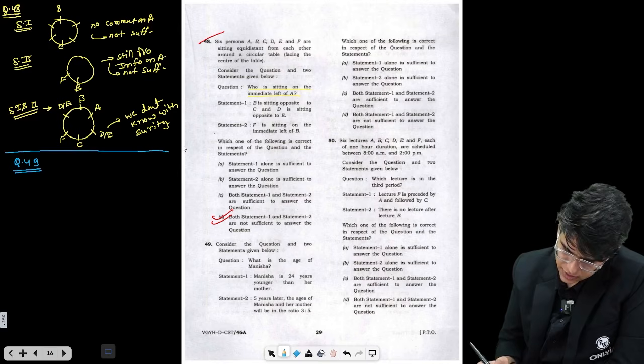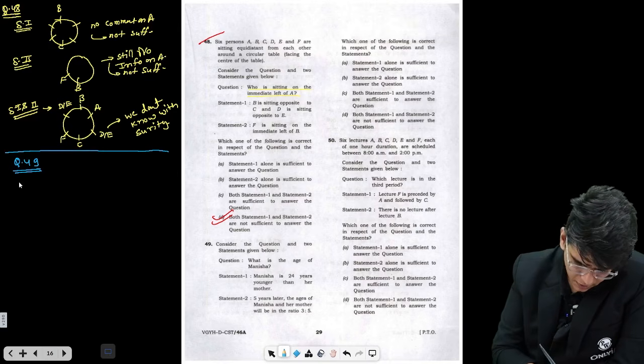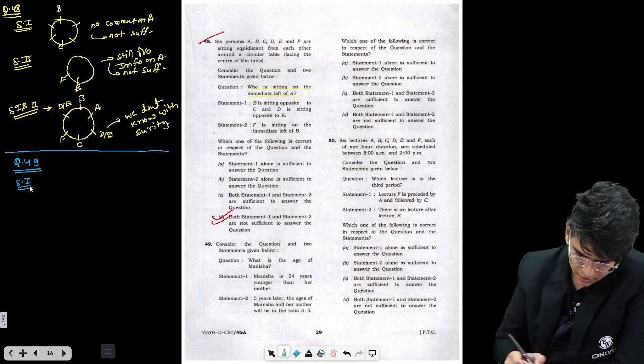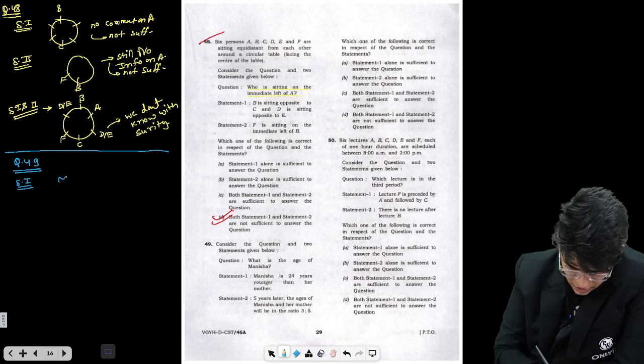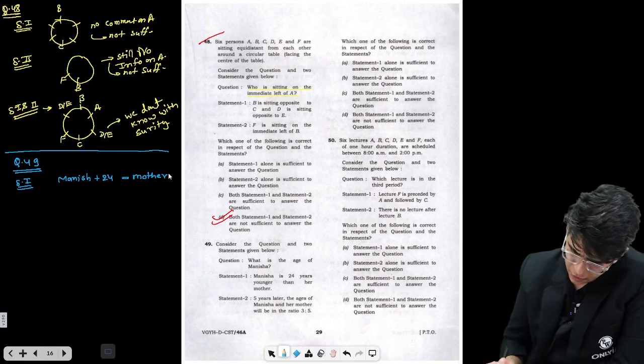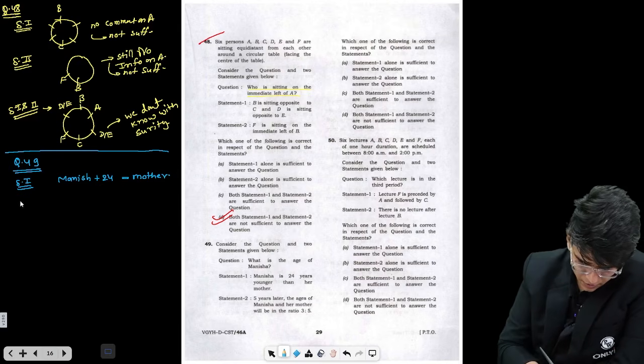Suppose here, what is the age of Manisha? Statement 1: Manisha is 24 years younger than her mother. Manisha plus 24 equals mother. We can't say what is the age of Manisha from statement 1.